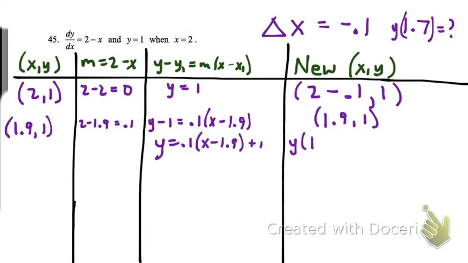So we're going to go from 2 to 1.9 to 1.8 and finally to 1.7. So y at 1.8 is approximately equal to 0.1 times 1.8 minus 1.9, which is negative 0.1, and then again we have that plus 1.